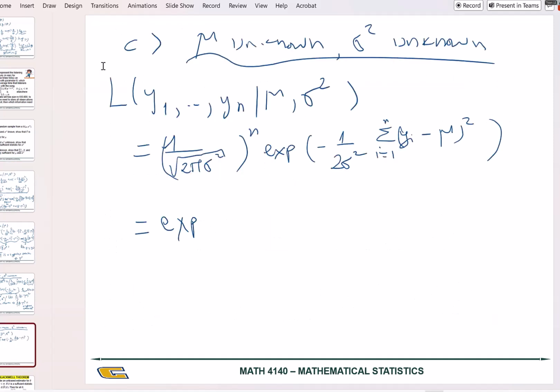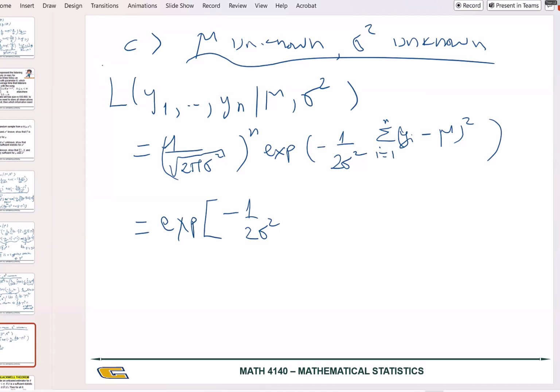Now in order to create that, I will do a little trick here, with 1 over 2 sigma. I break out the thing in the bracket, yi subtract mu, squared.